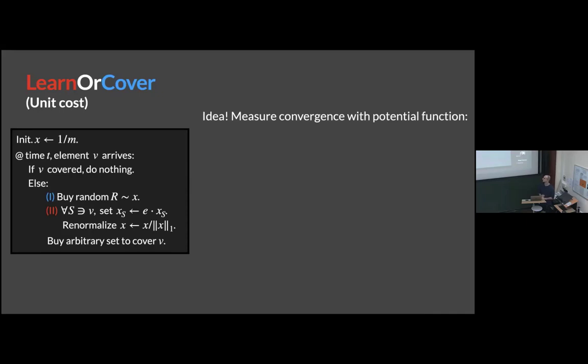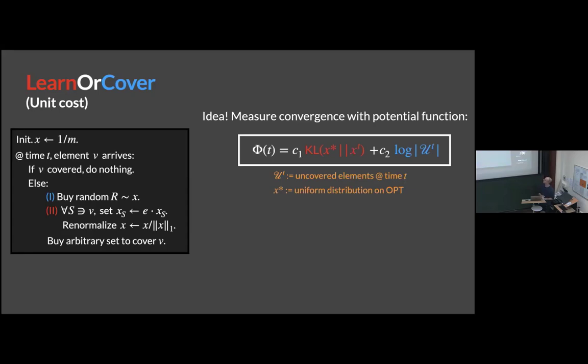Once again, we need to count the number of times we land in the else clause. Last time we had this very clean case 1, case 2. We're not quite going to be able to do that, but we'll do the next best thing, which is to write a potential function that captures how much learning and covering we've done. Here is the potential function.